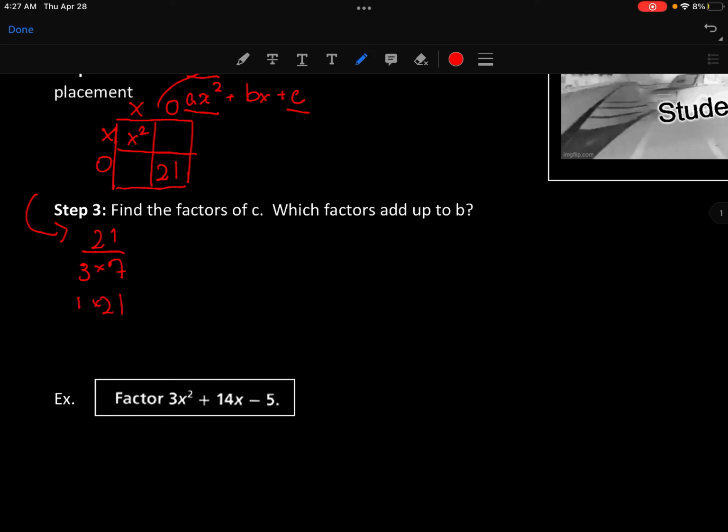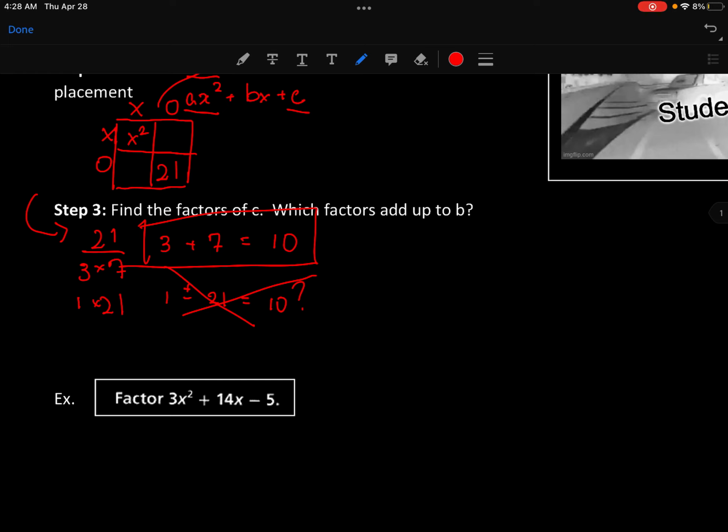Yep, that is correct. Now, which of these can you add or subtract to get 10? Well, we can add 3 plus 7 to get 10. Can we add or subtract 1 and 21 to get 10? The answer is no. So let's look at 3 plus 7 is equal to 10.